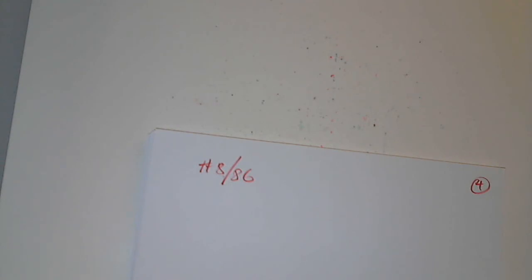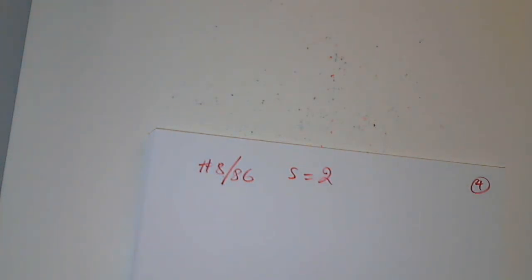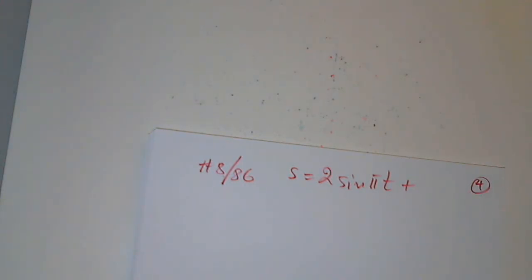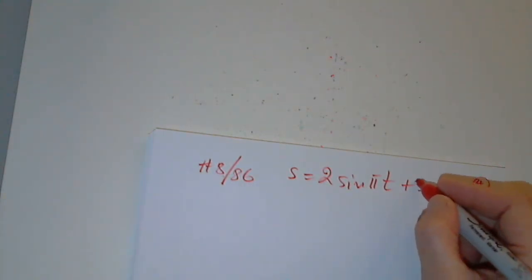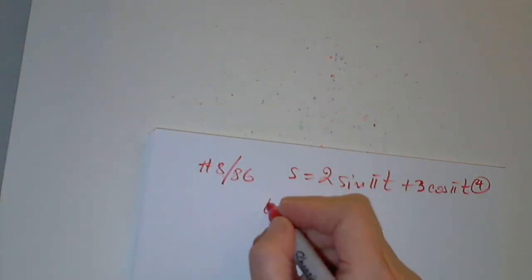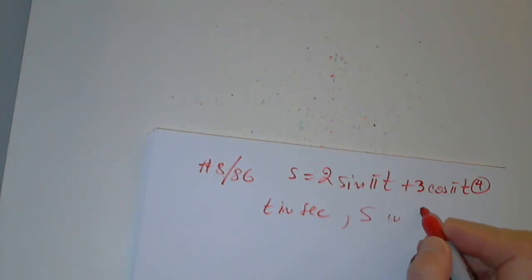So 8 on page 86, and we are given the function s equals 2 sine pi t plus 3 cosine pi t, where t is measured in seconds, and the displacement, or s, in centimeters.